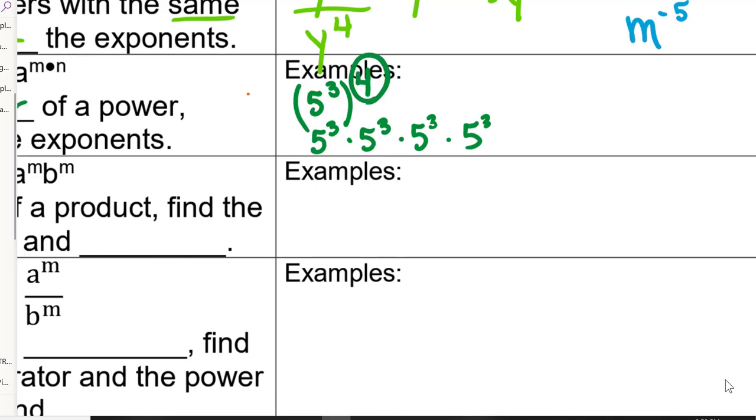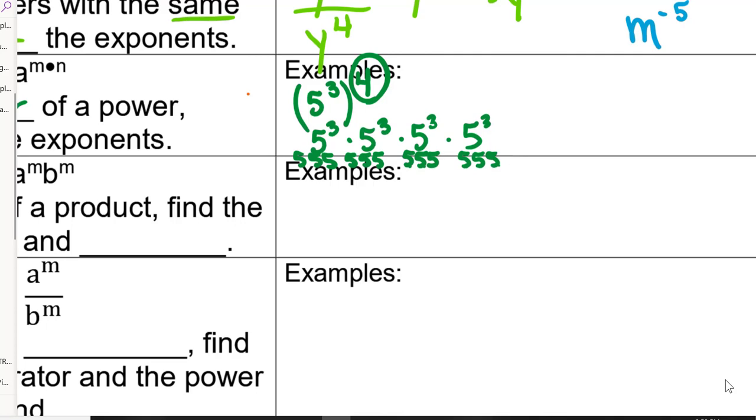I repeated that 5 to the third 4 times. Now if I stretch these each out, those 5 to the thirds, how many 5s do I have here that are being multiplied? 1, 2, 3, 4, 5, 6, 7, 8, 9, 10, 11, 12. That's where we get 5 to the 12th.